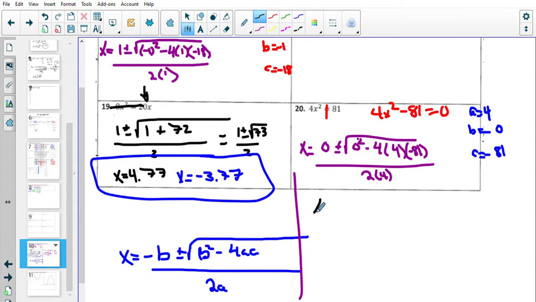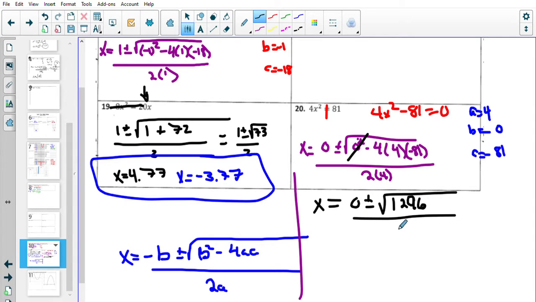So I'm going to simplify. So I still have the 0 plus or minus the square root. 0 squared, that just cancels out. So we have negative 4 times negative 81, and that gives us 1,296. That's a 9.